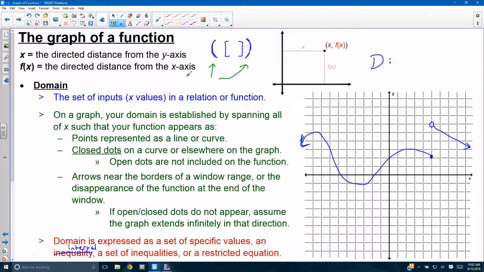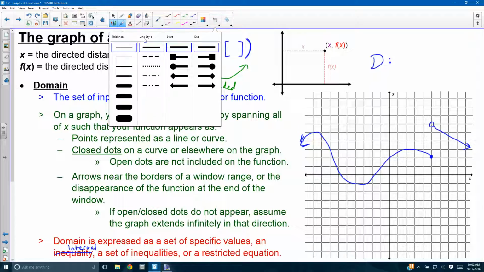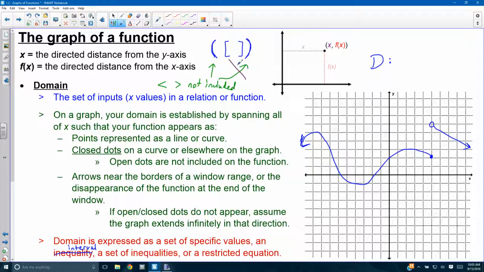So if it's an open parenthesis, that's like less than or greater than, not included. So the value that you use will not be included there. Meanwhile, square brackets are like less than or equal to or greater than or equal to, which means included.